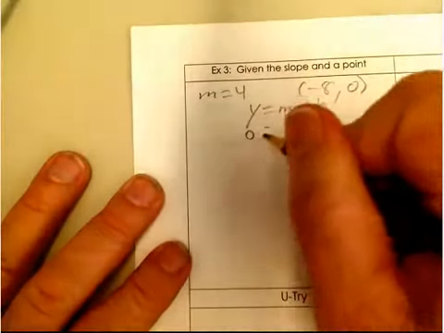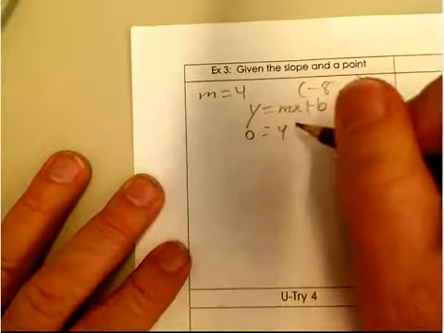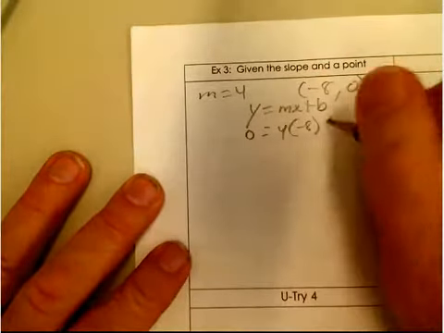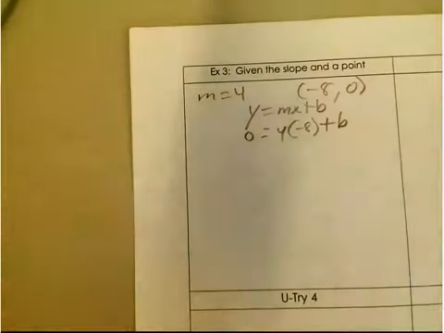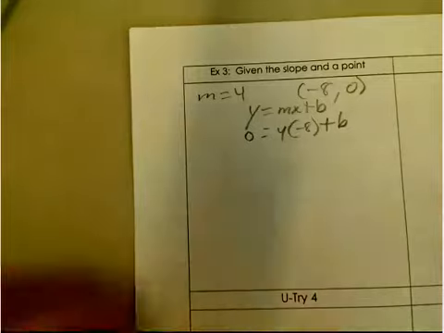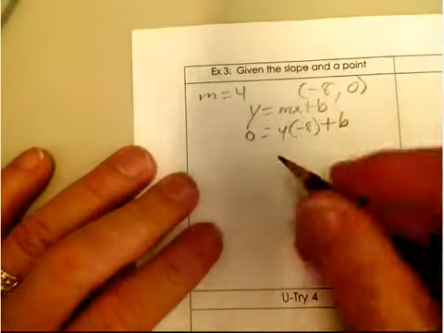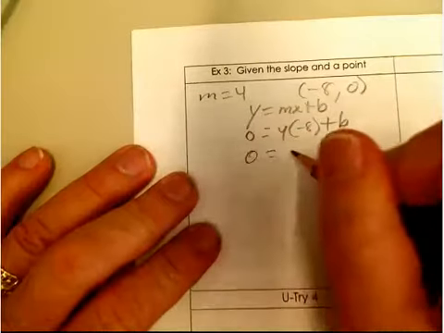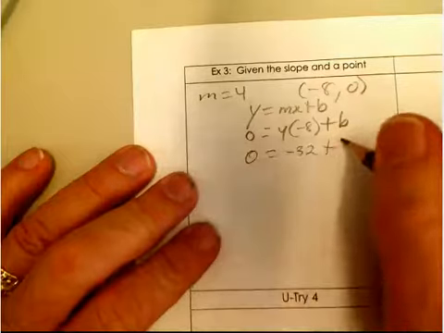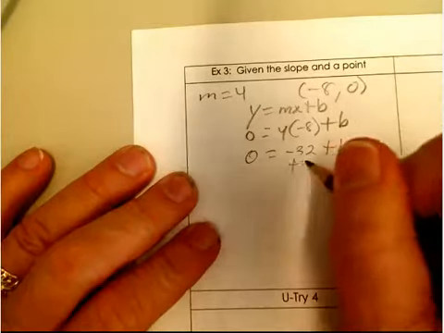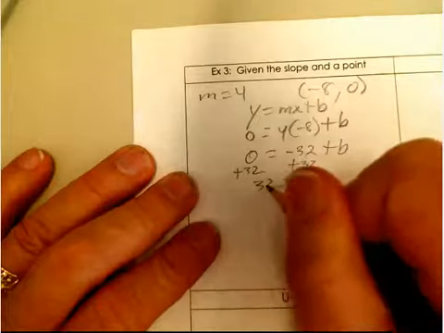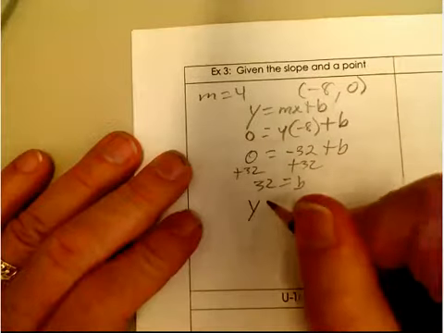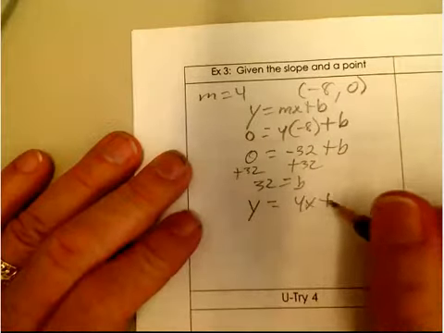I put 0 in for y, 4 in for m, -8 in for x, and b is the one I have to figure out. You might want to use point slope form to get started. That's fine too. I like working through slope-intercept form. 0 is equal to -32 plus b. So if I add 32 to both sides, b is equal to 32. And I write y equals 4x plus 32.